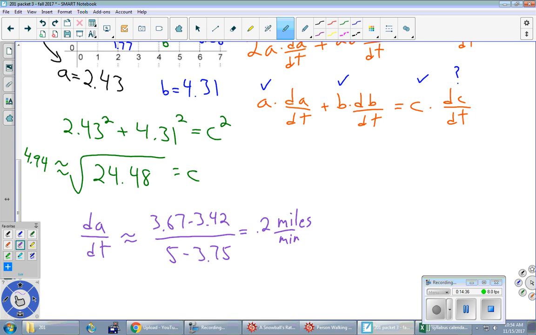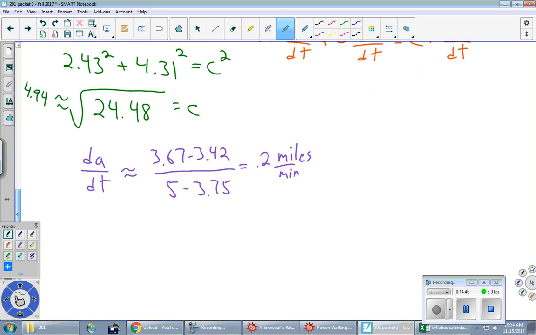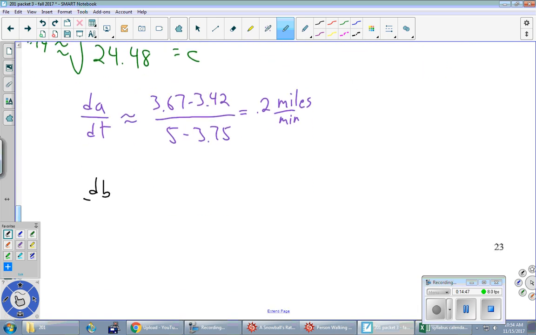Okay, see if you can do the same calculation for dB/dt. Again, we're focused on t equals 5, so you're going to use the same 2 points, in the other table, the last 2 points.